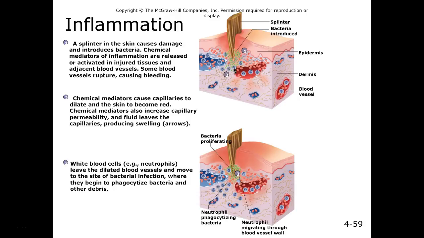And so we will activate our injured tissues and also our blood vessels that are adjacent to this area. So we'll have a couple things taking place. These chemical mediators will cause these blood vessels to vasodilate, like we mentioned, and this is going to allow our platelets as well as our white blood cells to all come over to the area.